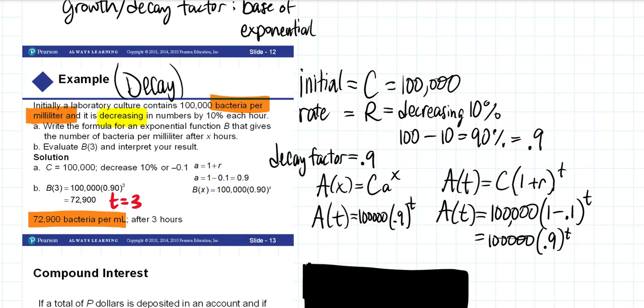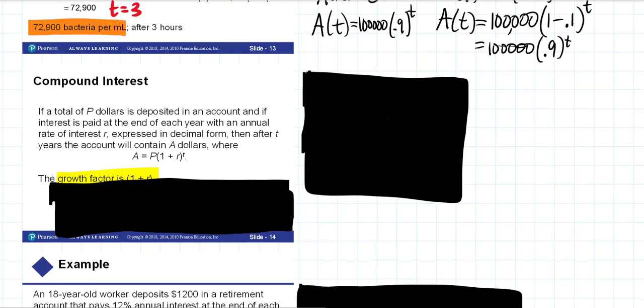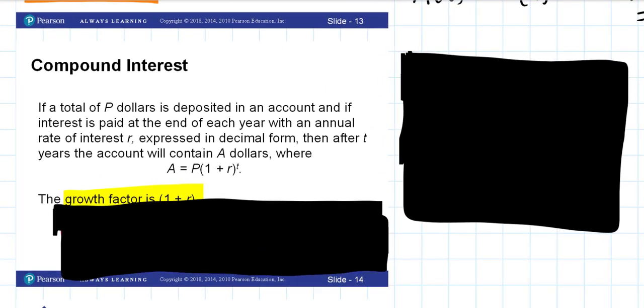Now, I broke down the way that you would plug this all in very thoroughly. Let's look at another one similar. So this first part here, they're telling you the general formula for when we talk about compound interest. These formulas are all going to be very similar to each other.